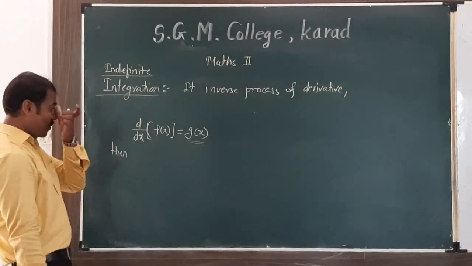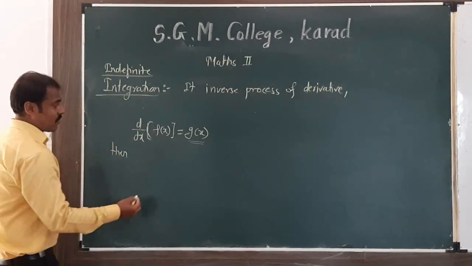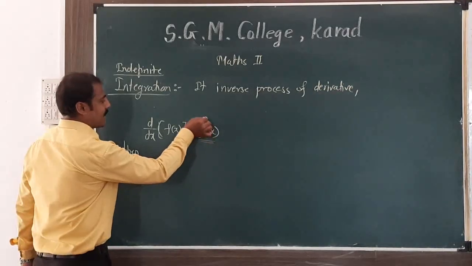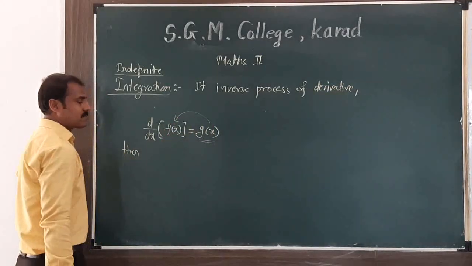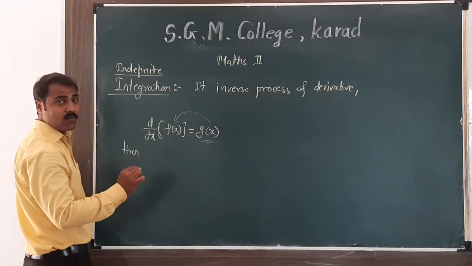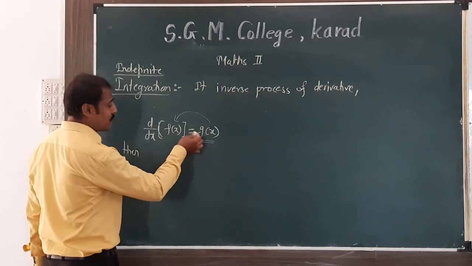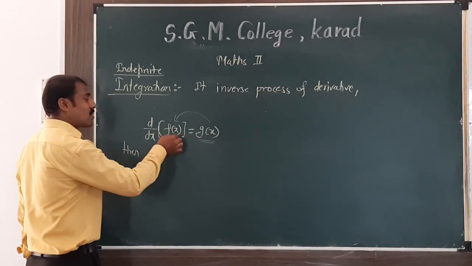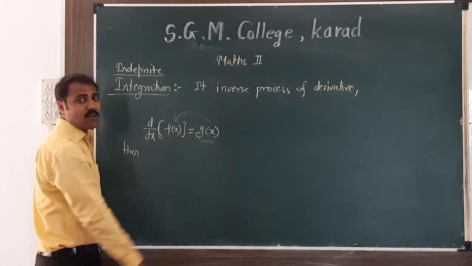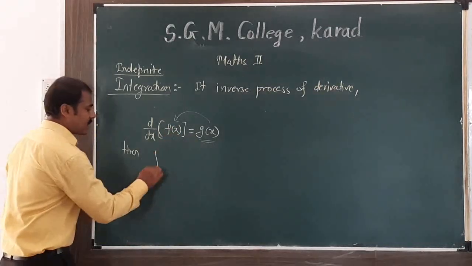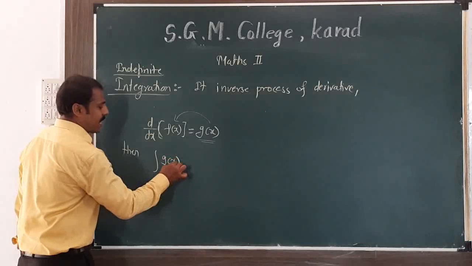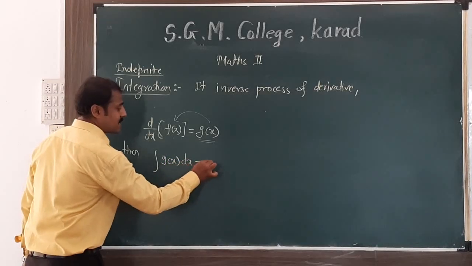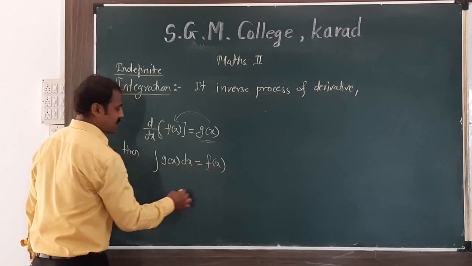The derivative of f(x) is g(x). The answer is f(x). Then f(x) is called an antiderivative, or primitive, or integral of g(x). The integral of g(x) with respect to x is nothing but f(x).